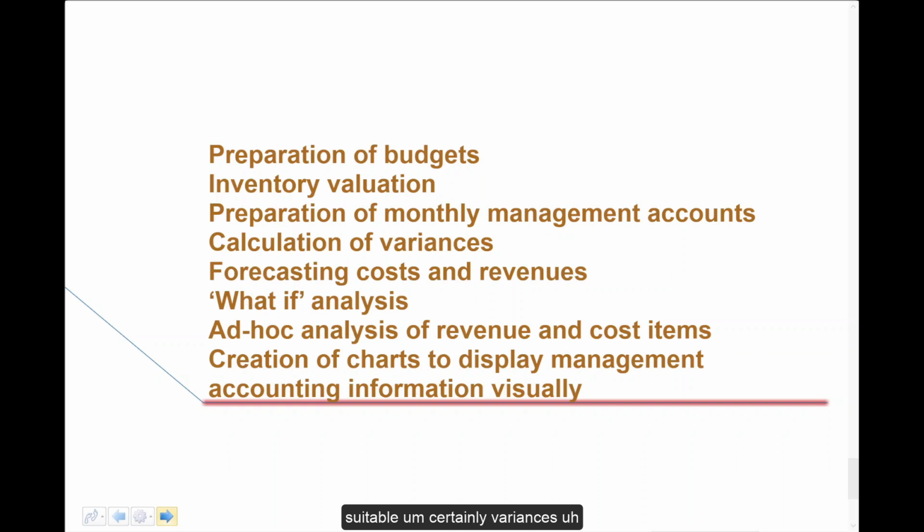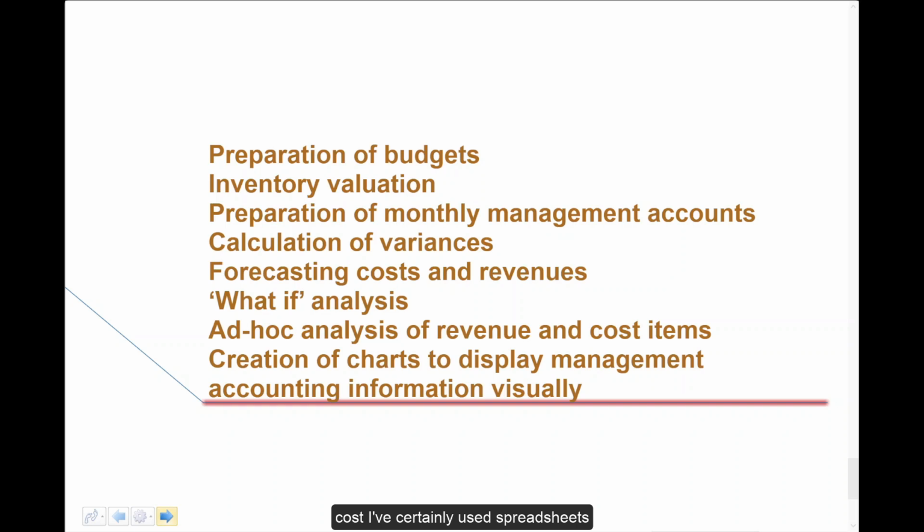Certainly variances, obviously, because of the range of different variables and the complexity of calculating. Forecasting, we'll see that within later chapters, how we might build in formulas. What if analysis, or just ad hoc analysis of revenue items or perhaps cost items.